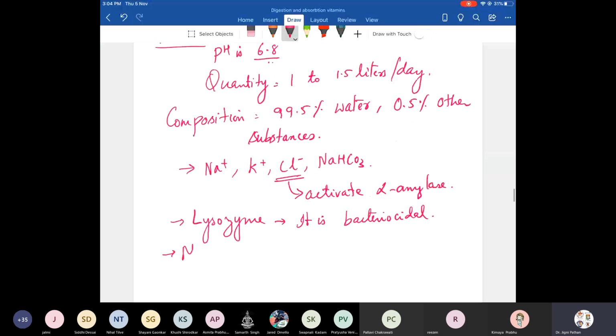It has mucin, a glycoprotein, because it helps in protection. The mucin covers the tongue. Due to that, we don't get blisters when we take hot, cold, or spicy food. The mucin coating protects the tongue. It provides protection.